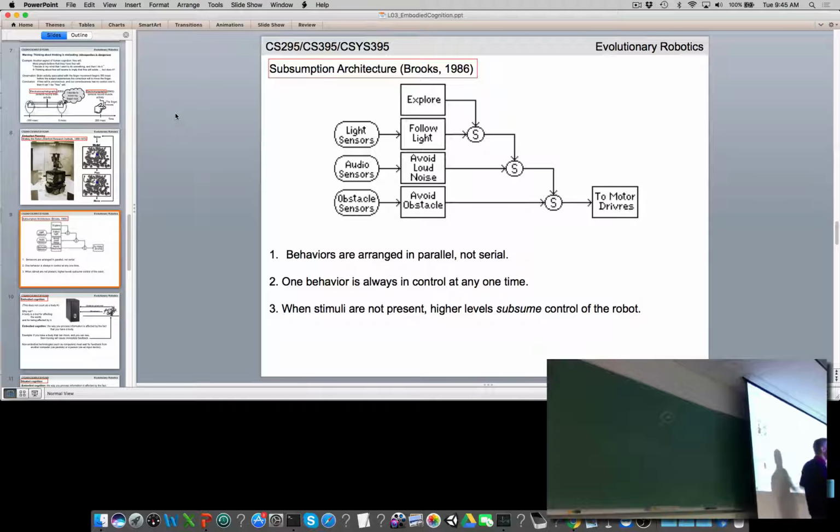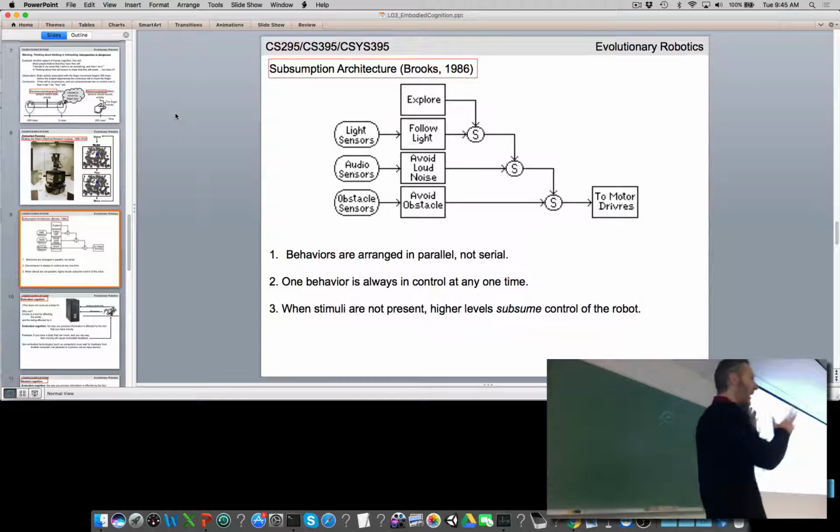But if any of the lower things in parallel ever light up, they immediately take control of the motors, right? So very different from Shakey. We're back to a parallel organization now, where the robot is thinking about different things in parallel, but any one of those things can take over control of the robot at any time.